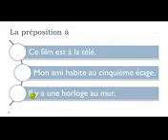Third example, il y a une horloge, a clock, au mur, same thing here, le mur, the wall, but we combine à and le and it becomes au mur. Il y a une horloge au mur. So let's read them one more time. Ce film est à la télé. Mon ami habite au 5e étage. Il y a une horloge au mur.